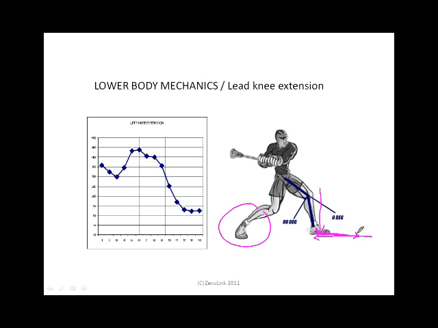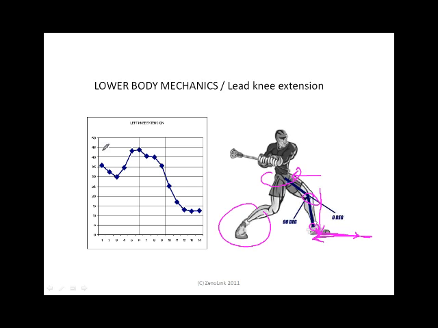The athlete then has to translate that ground reaction force through the ankle, through the knee, to the pelvis to create a force at the pelvic girdle. That's what creates rotational speed, or what we'll refer to as torque at the pelvis. So lead leg stabilization is absolutely crucial.